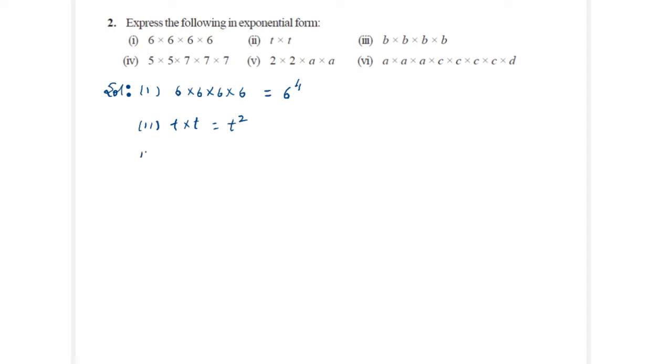Now come to third part. It is b into b into b into b. Here b is multiplied 4 times. Therefore it can be written as b raised to power 4. Now come to fourth part.